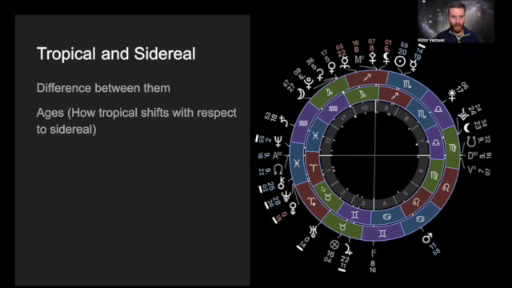So this is how we can see the shift of the ages because of the shift of the tropical zodiac in relationship to the sidereal zodiac.